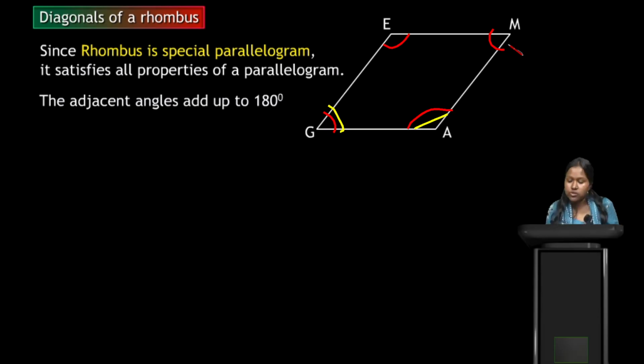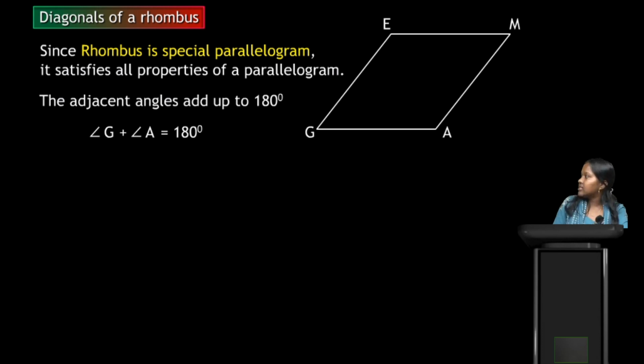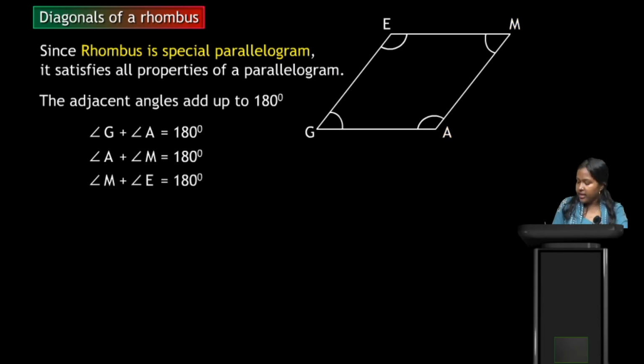Again, if you add angle M plus angle E, in that case also they will make supplementary angles, that means 180. Similarly, angle A plus angle M, this is also 180. Angle E plus angle G, this is also 180 degrees.